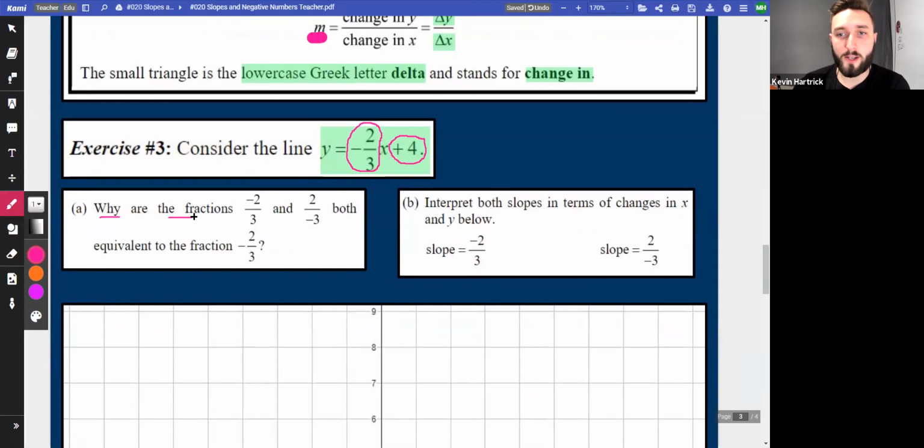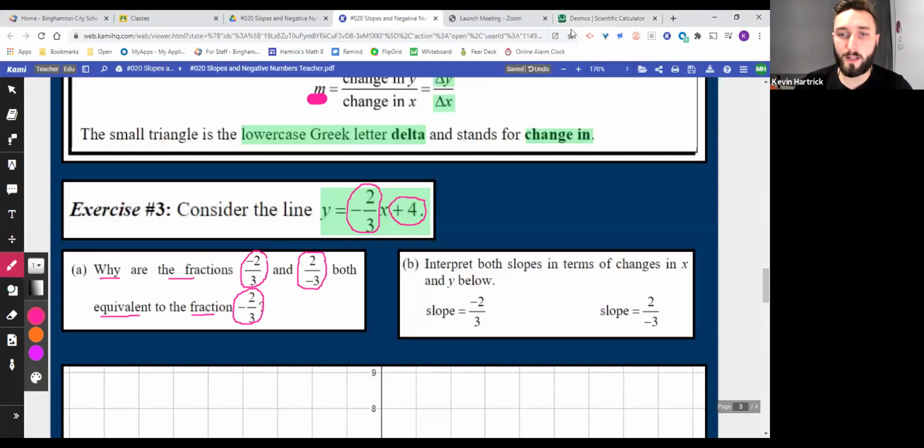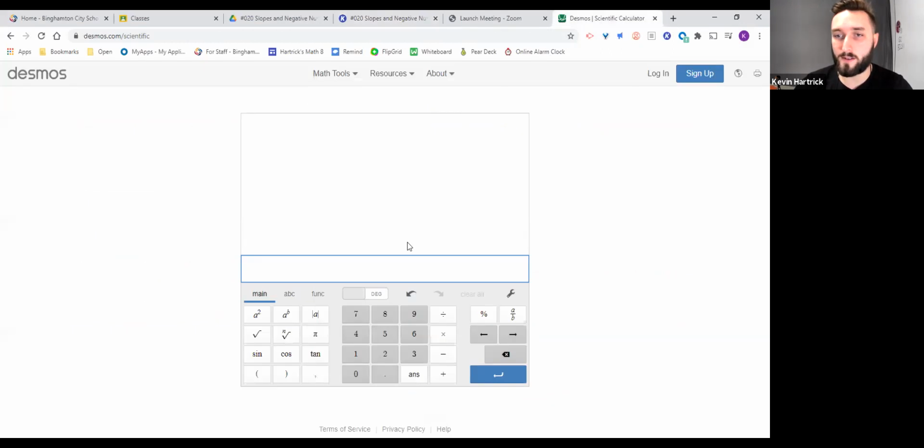It says, why are the fractions negative 2/3 and 2 over negative 3 both equivalent to the fraction negative 2/3? Well, we're going to have to do a little bit of division, because remember that fraction bars are division, right? So let's take a look in our Desmos calculator. I'm going to try negative 2/3 in my calculator and see what happens.